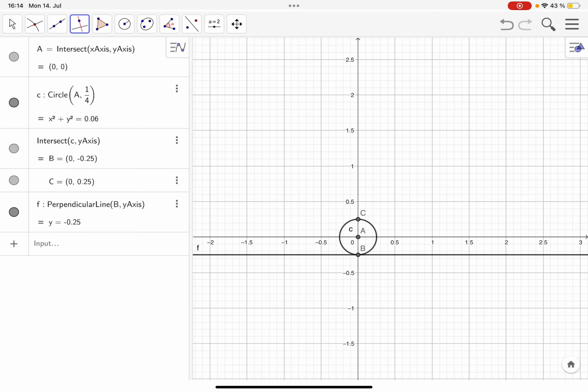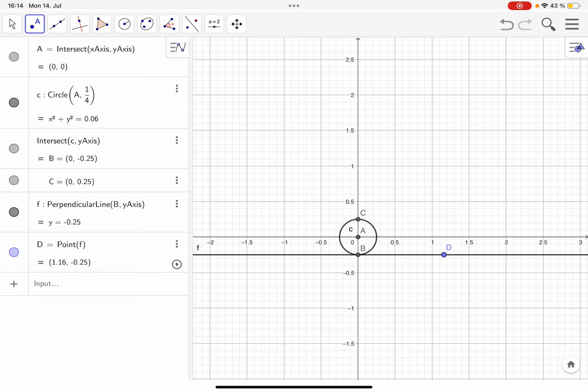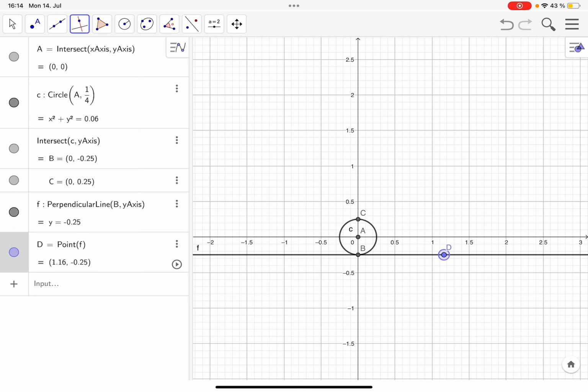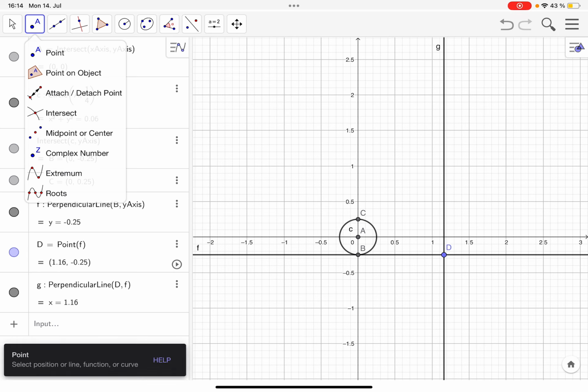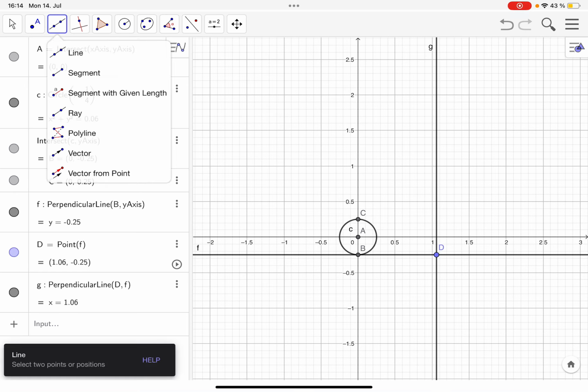Now we pick a point. I think this method has been already described in other videos, but it's not harmful to mention it here as well. So we make a perpendicular line at point D. Remember, D will move from negative to positive infinity. Now we connect DC.